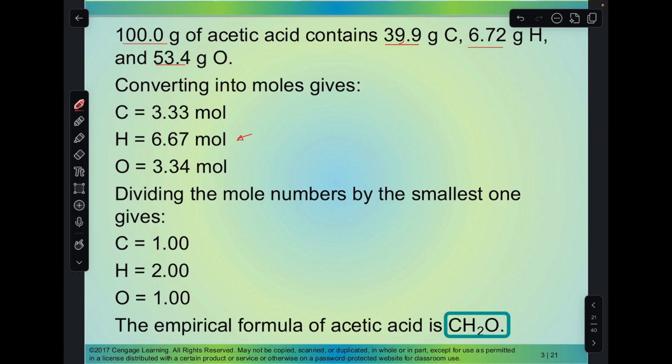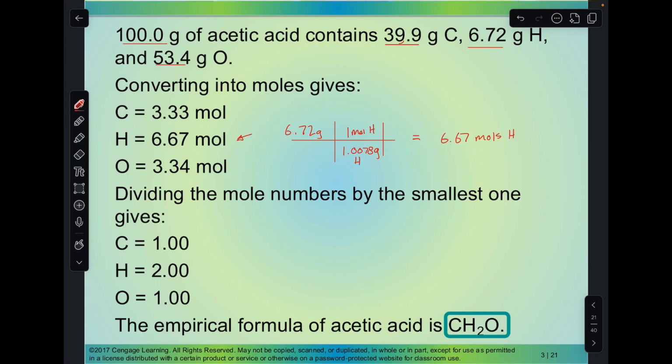For hydrogen, we have 6.72 grams, and we will divide that by the molar mass of hydrogen, 1.0078 grams of H per 1 mole of H, and that will give us the number of moles. We'll end up with 6.67 moles of H. And I rounded for sig figs there as well.